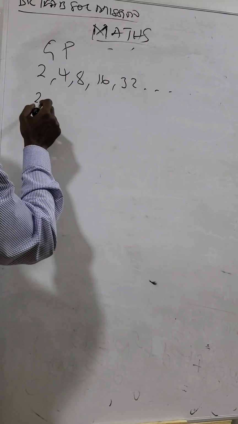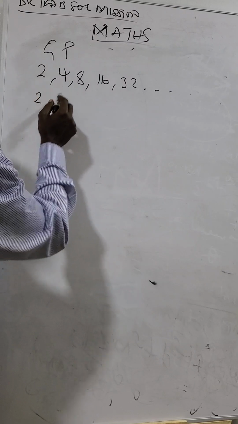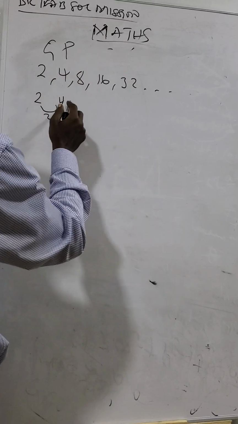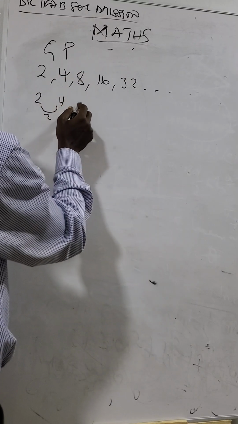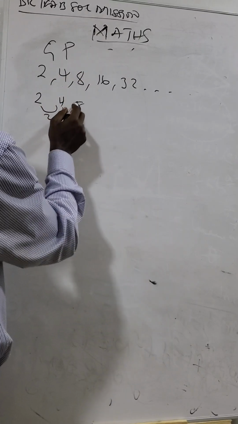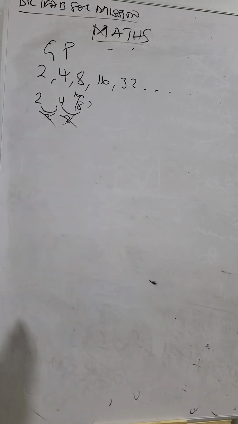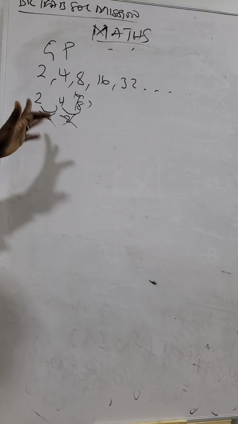From 2 to 4, we would have said maybe we added 2. Let's see whether it works. If we added 2 from 4 to 8, adding 2 will not give you 8, it will rather give you 6. So this is not the linear arithmetic progression that we described; it doesn't follow.